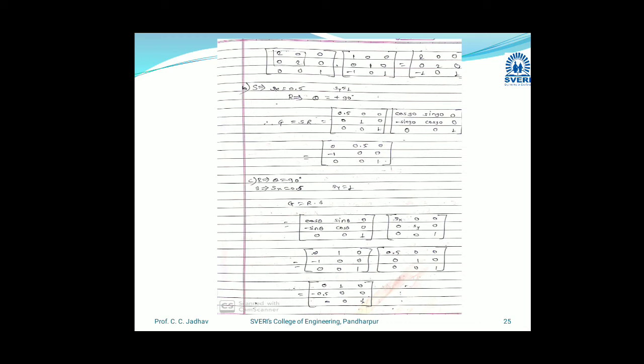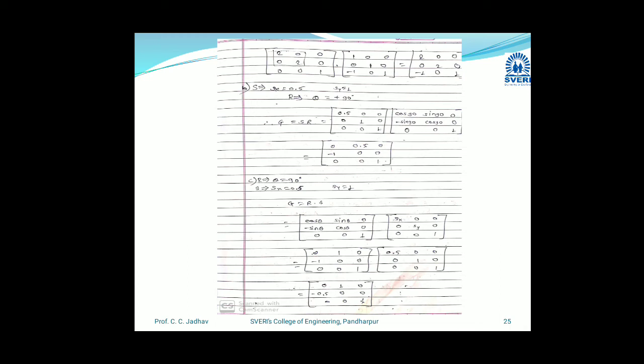First, in the scaling matrix we consider the row, 0.5 0 0, and in the rotational matrix we consider the first column, cos 90, sin 90, 0, multiplying row into column wise. So 0.5 into cos 90 plus 0 into minus sin 90 plus 0 into 0 is your first element, that is 0.